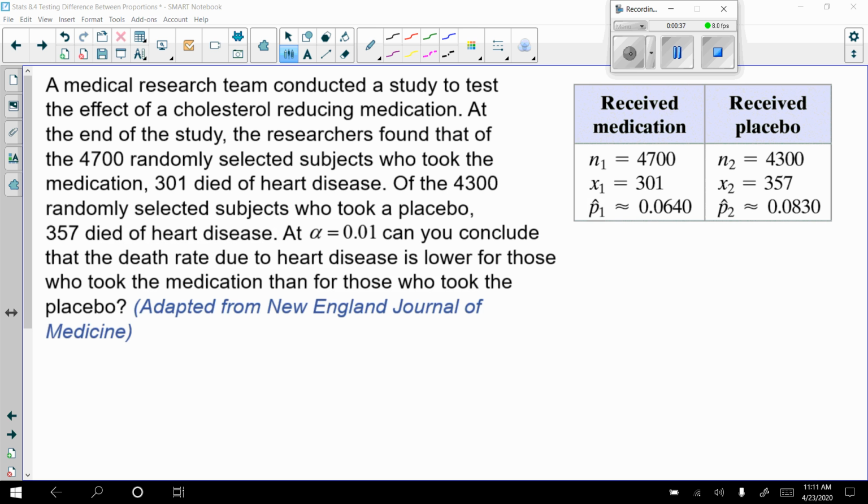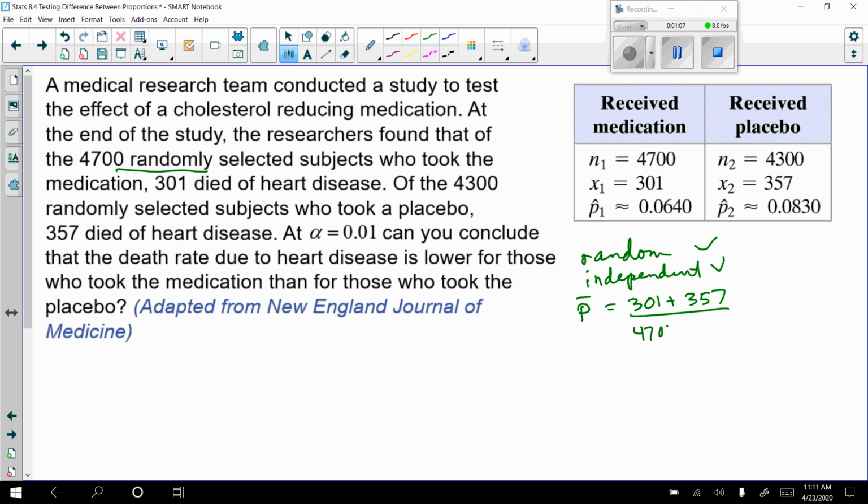Okay, so we have random, it's random. We have those that took the medication versus those that took a placebo. They're independent of each other. We have that P bar is equal to 301 plus 357 divided by 4,700 plus 4,300.